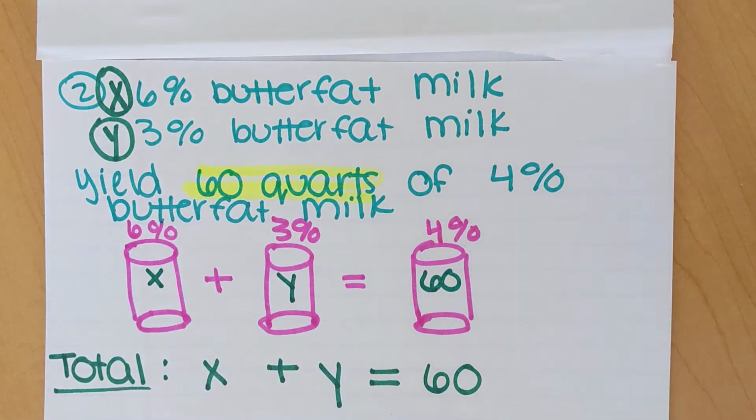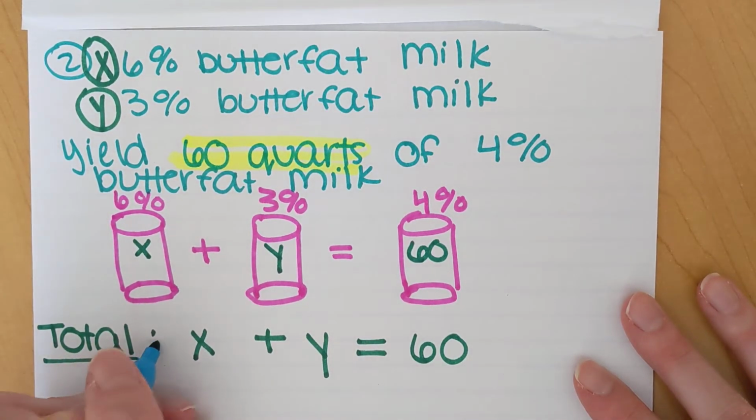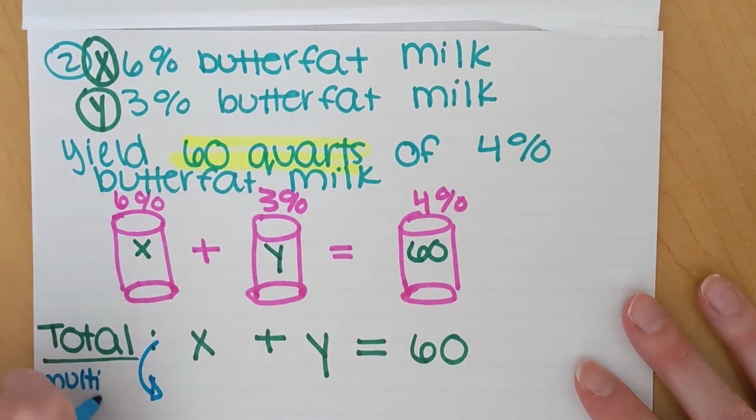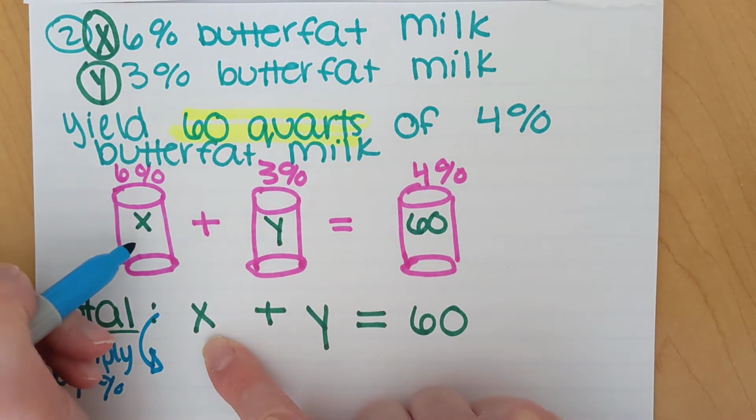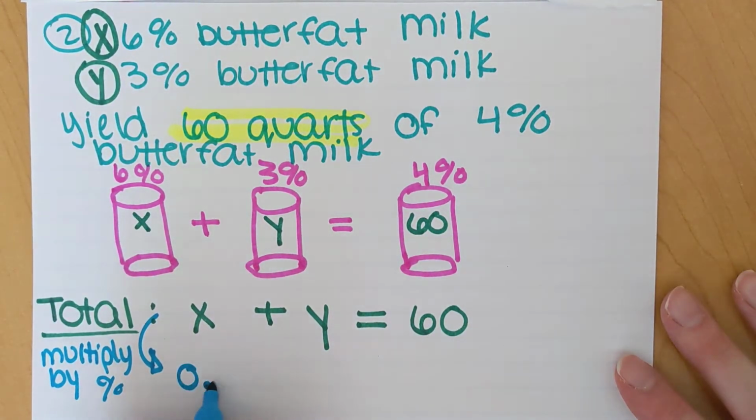Now the other piece of this puzzle, of course, is the percentages. The easiest way to think about this, you guys, is going from the total equation to the percentage equation. You will multiply each of these variables by that percentage. So you'll take the 6% times the X, which gives you 0.06X.